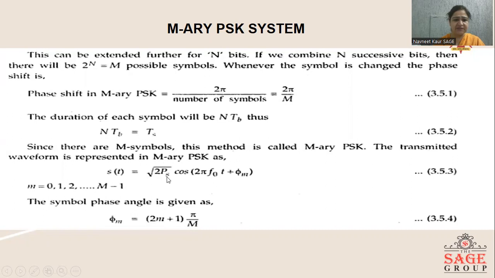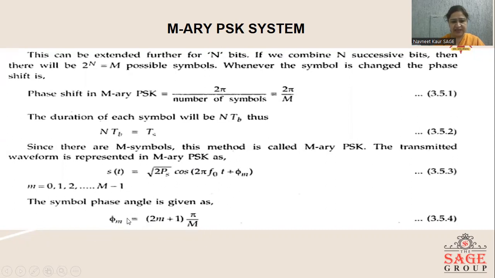Now, the transmitted waveform is given by the expression s(t) is equal to root 2Ps cos(2 pi f naught t plus phi m), where root 2Ps is the maximum voltage level of the carrier signal, f naught is the frequency of the carrier signal, and phi m is the phase shift whenever there is a change in the symbol.